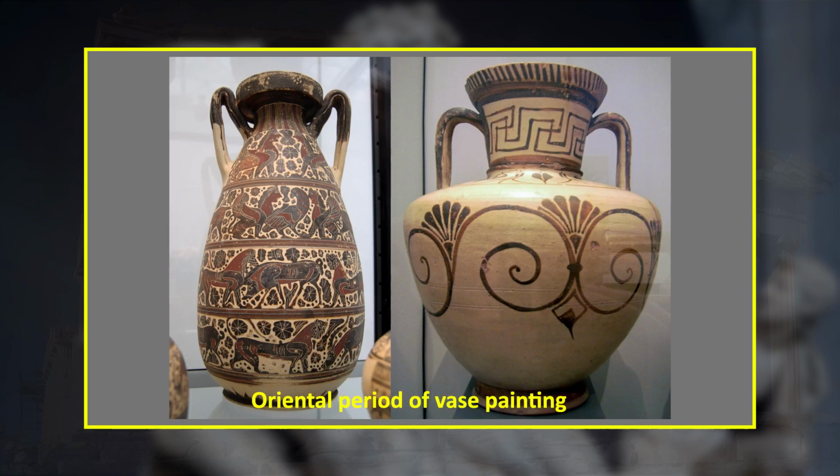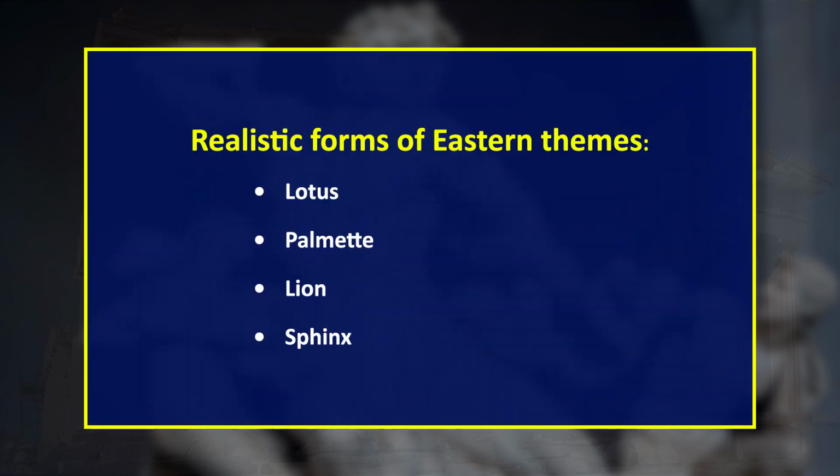After the geometric period, the Oriental period of vase painting replaced abstract geometric shapes with more rounded, realistic forms of Eastern themes such as the lotus, palm, lion and sphinx. Decoration is expanded in quantity and complexity, and historically even the smallest Greek cities manufactured pottery for their local area.